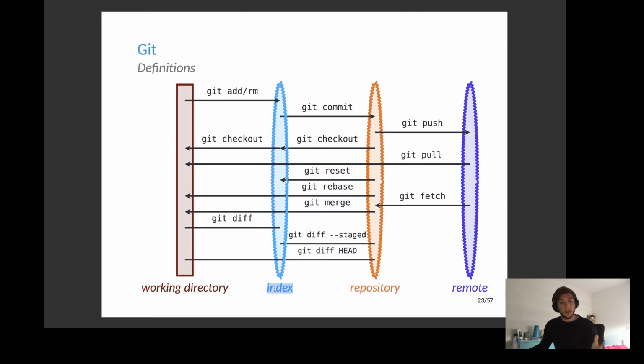And now we need to understand the context of the index. Forget about all the commands over there and just focus on the fact that we have the workspace, the index, the repository, and maybe the remote. The index, or stage, has a dual name. It is the intermediate step where we mark what we want to change. The typical way of doing things is, I start from something that is normally the same as the last commit I'm working on, the head, as we said before, and I want to make a change.